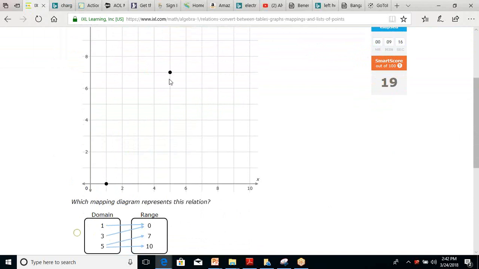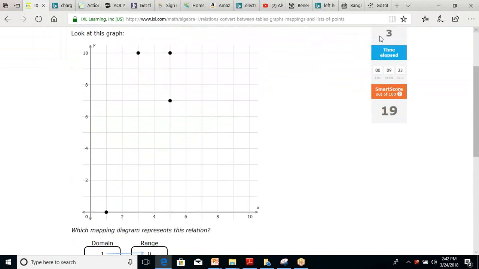For this one, all right, there's a point in between. So this point right here is defined by x 3 and y 10, because if on the x-axis you go up 3 and you come across 10, it intersects right here and you get a point.